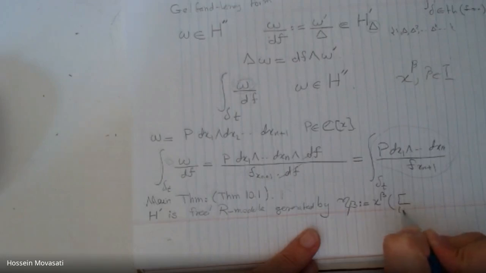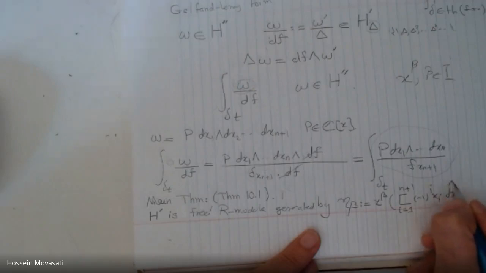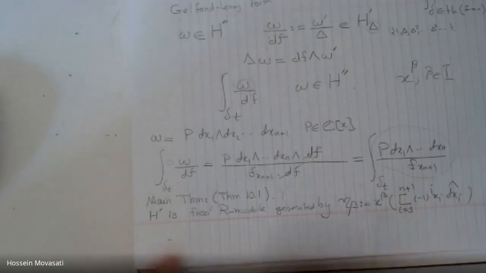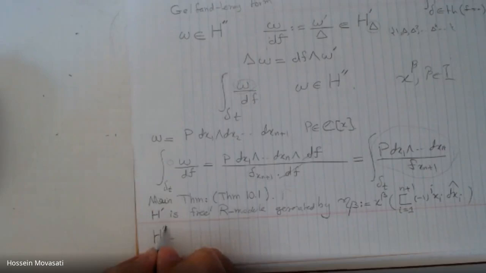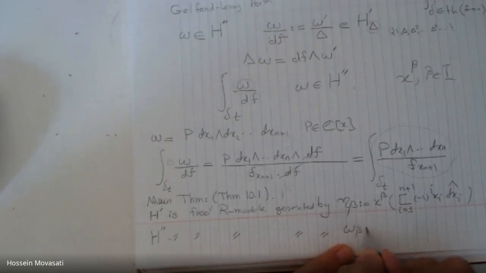the differential form, the sum over i equal to 1 to n plus 1 of minus 1 to the i, xi dxi check. And remember that dxi check was the wedge product of all dxj except dxi. And in a similar way, H is a free R module generated by omega beta.